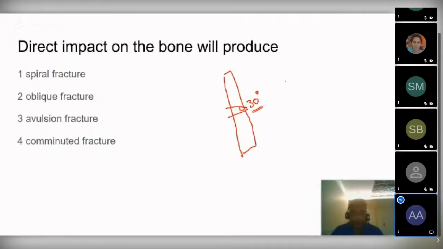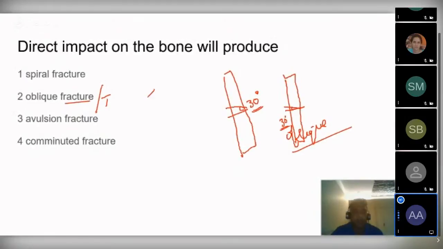So a fracture can be exactly 90 degrees, or it becomes like this. Only if it is more than 30 degrees, you call it an oblique fracture. You please remember this. I'm sure it will appear in one or other examination. So the difference between oblique and transverse fracture is the angle formed by a fracture: less than 30 is transverse, more than 30 it is oblique.